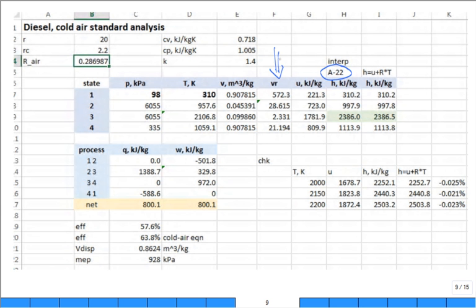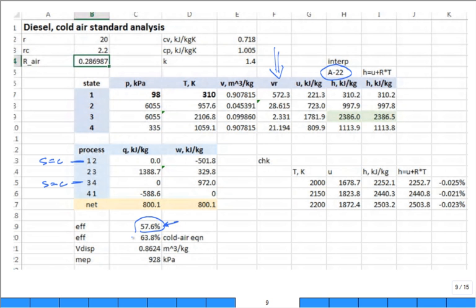We have 2 of those processes that are isentropic. From 1 to 2, s is equal to a constant. From 3 to 4, s is equal to a constant. Does it change our numbers? Absolutely. And does it change the thermal efficiency of the cycle? Yes. So this is the new thermal efficiency accounting for variable specific heats.